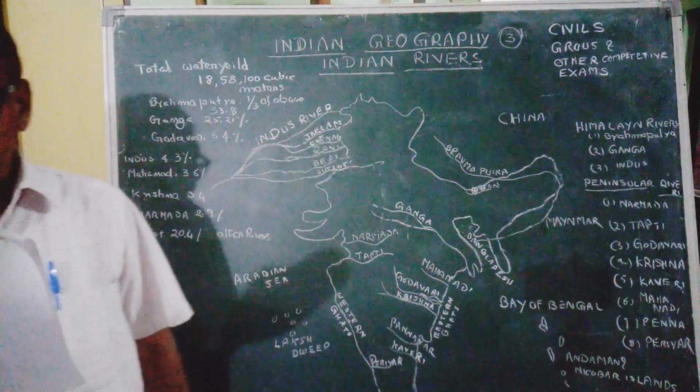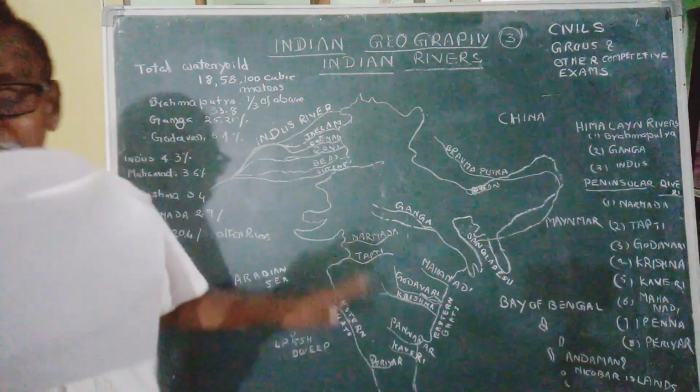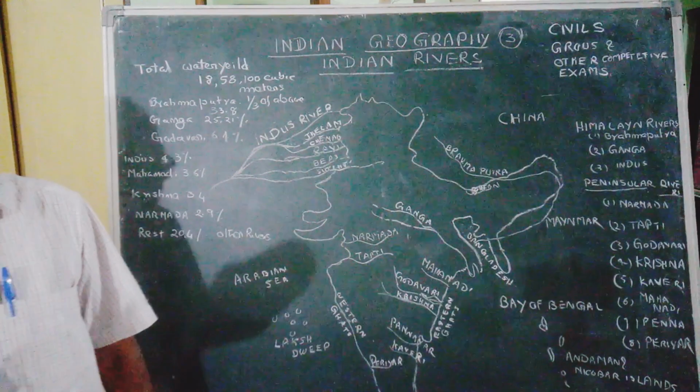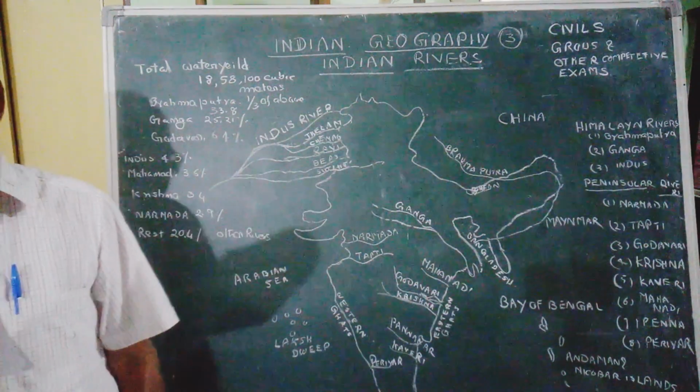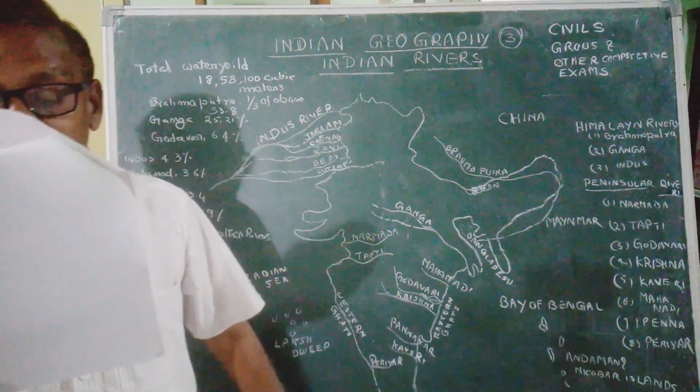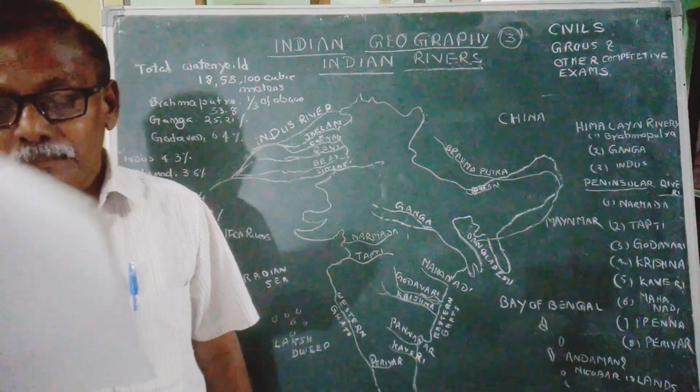The Kosi rises in the peaks of Nepal. It enters the Saharsa district of Bihar. It flows into Ganga at Bhagalpur.